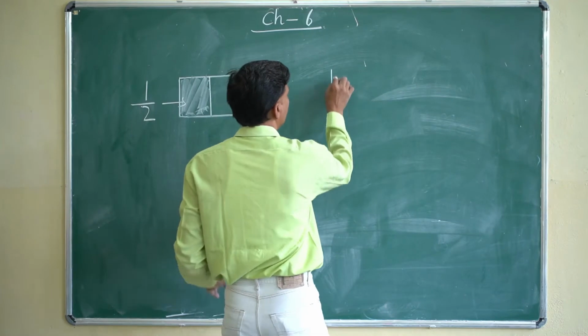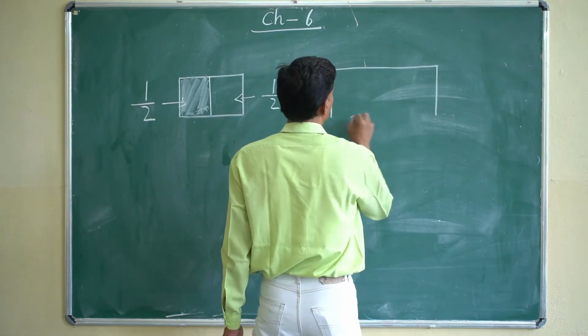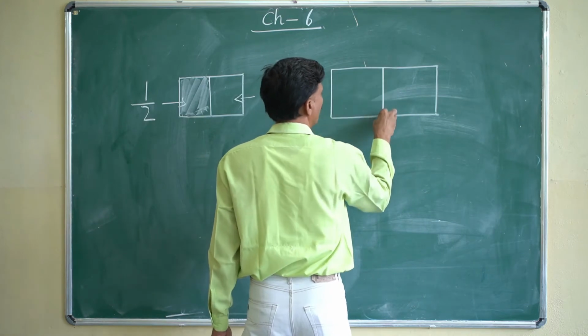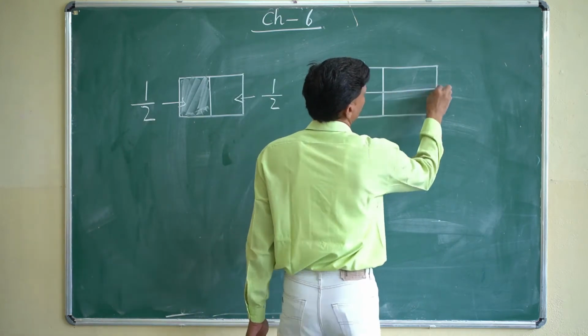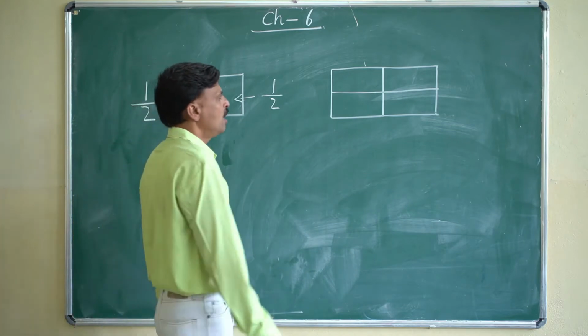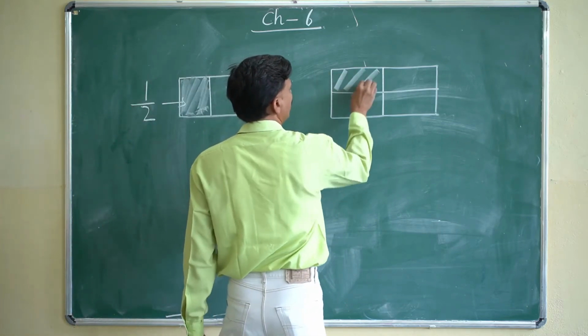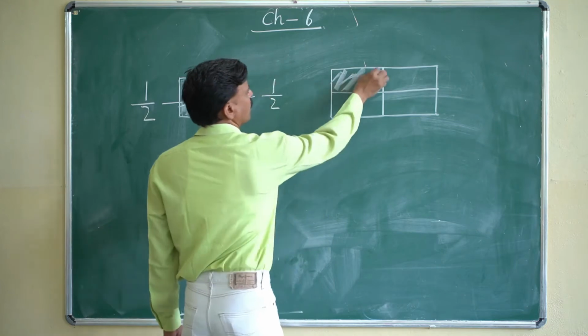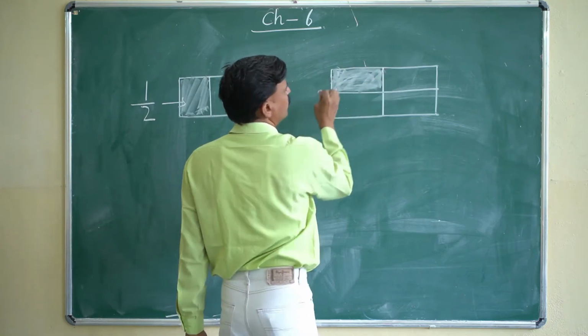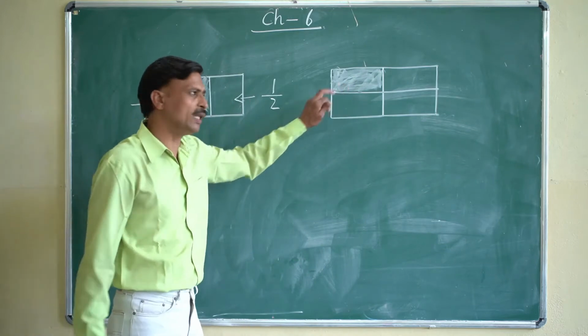Suppose a big piece of paper, you are dividing it into 4 equal parts. How many parts have you divided? In 4 equal parts. You have shaded one part. So this shaded part, how will you represent it?